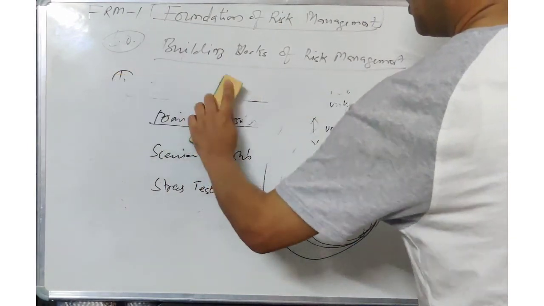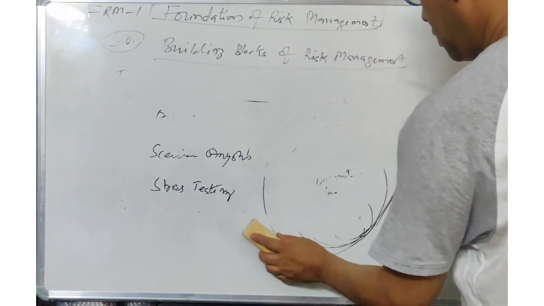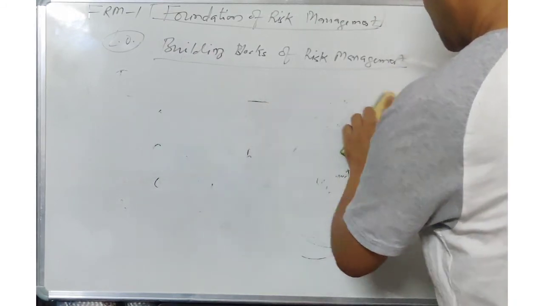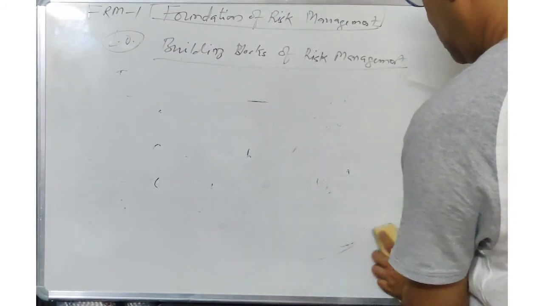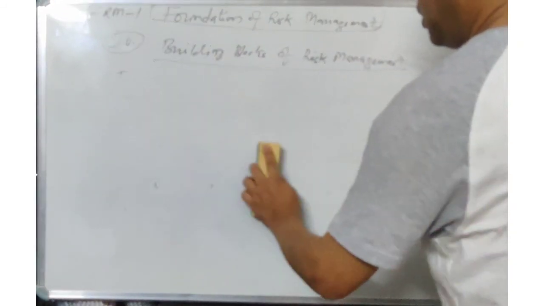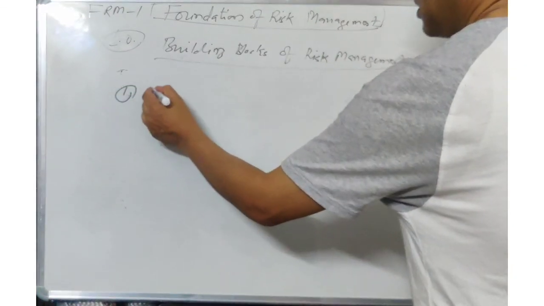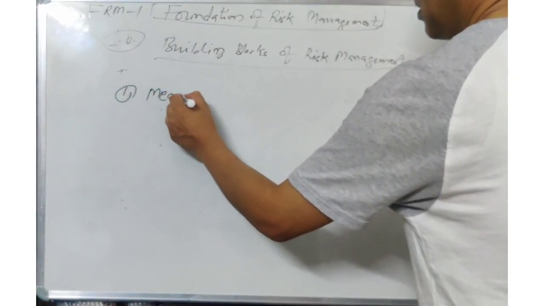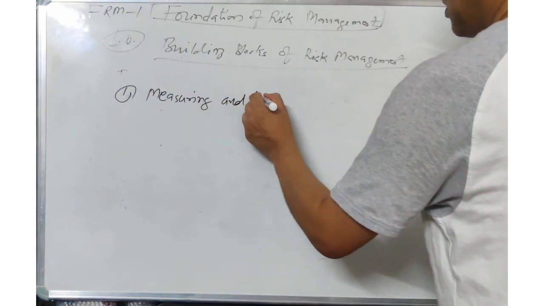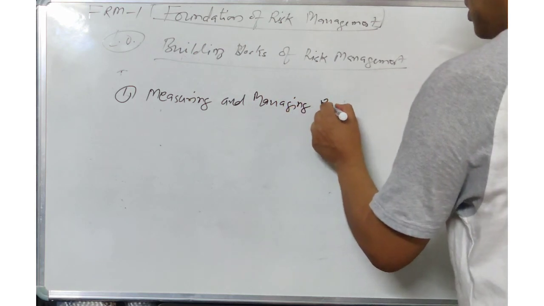If they are confident that whatever risk they are taking, they can manage it within their framework, they can retain it. Another way is to mitigate the risk, and the last one is to transfer the risk. An organization can transfer the risk by buying insurance, or buying a derivative product or a structured product.